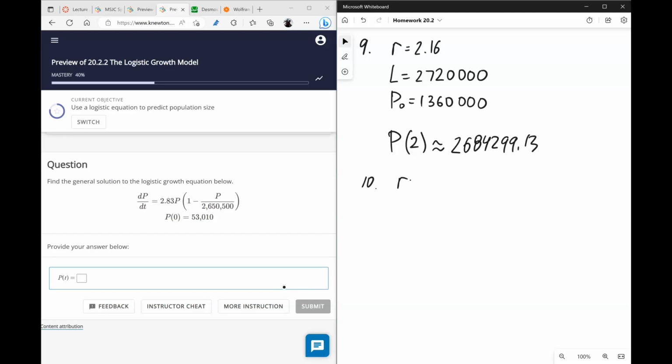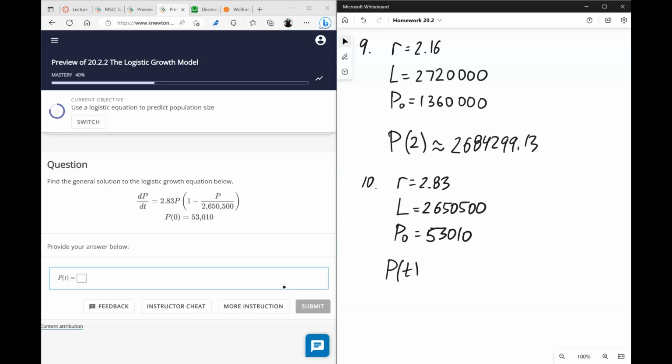Another one of these. R is 2.83, L is 2650500, P0 is 53010.